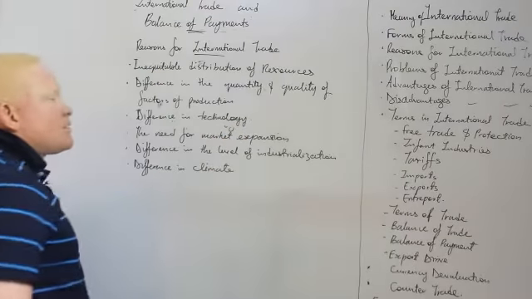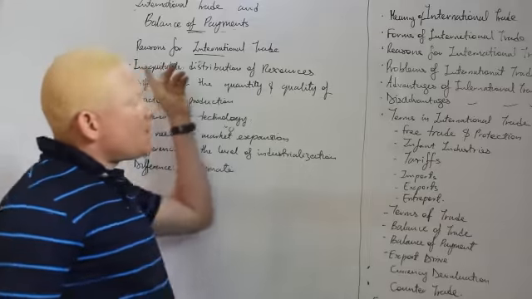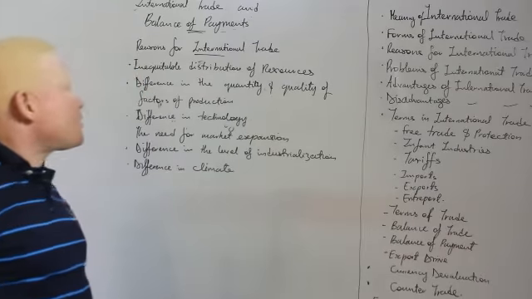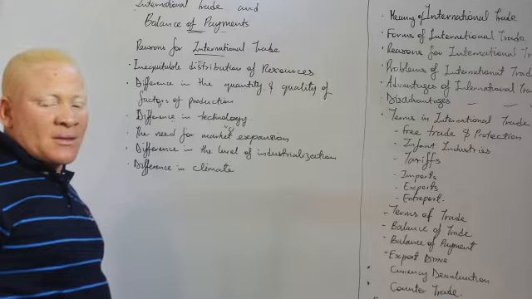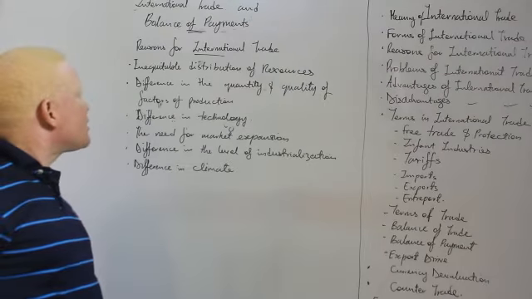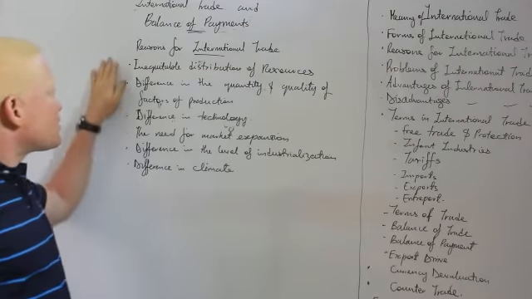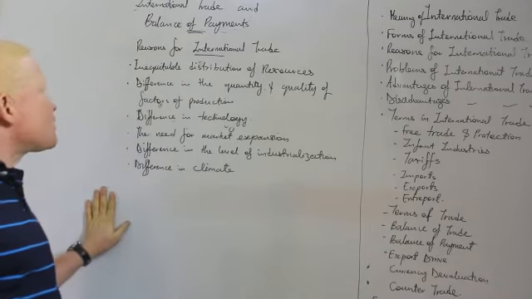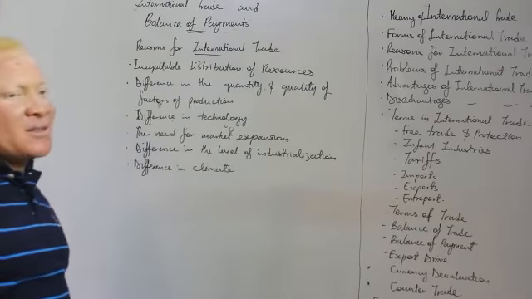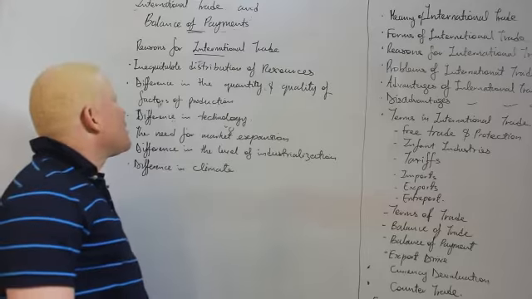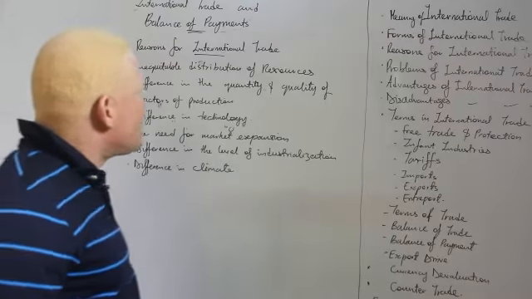These are reasons for international trade. From what we can see, we have itemized some reasons that account for the relevance of international trade. We have what? Inequitable distribution of resources.